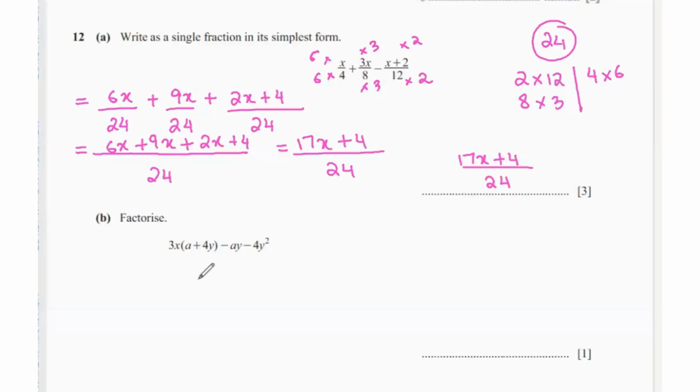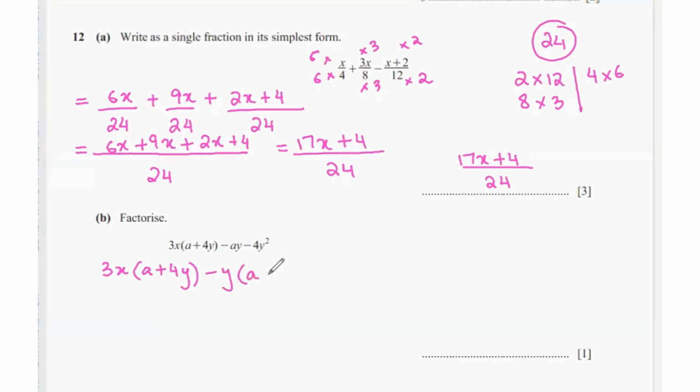Then it says factorize 3x times a plus 4y minus ay minus 4y squared. So we can see that in 3x times a plus 4y, they've already factorized it because they took 3x common from a and 4y. Between ay and 4y squared, we have y common. So 3x times a plus 4y, then we take minus y common over here.